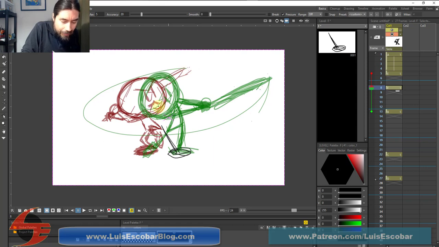And that means his body is really coming this way. Like it's really swinging over here. And I'm looking at the pose in the reference.